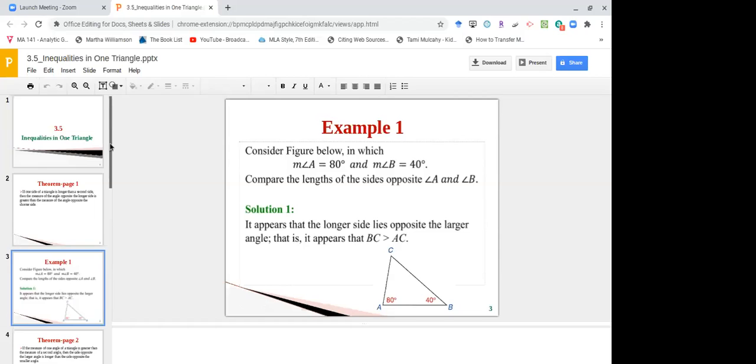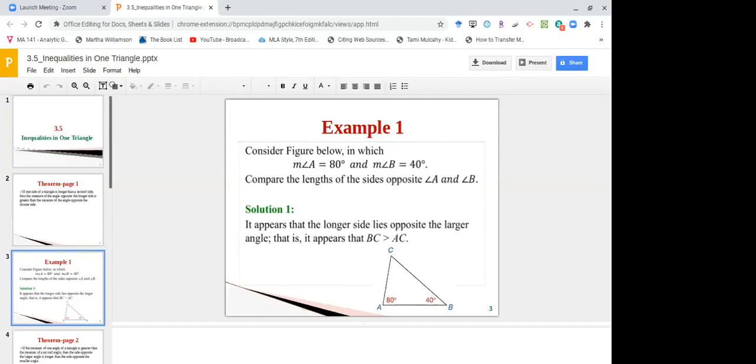But basically what it says is that if you have 3 angles in a triangle, this was talking about 2 angles, but we also have something for 3 angles coming later. Basically, the smallest angle is going to have the shortest side opposite it.